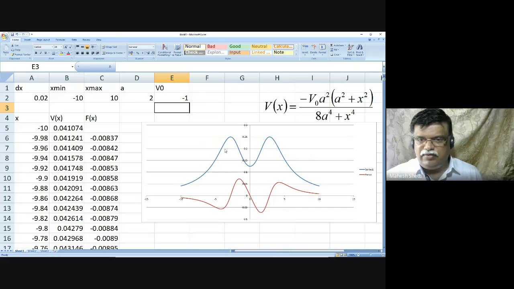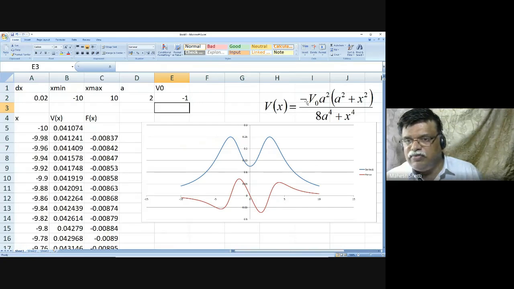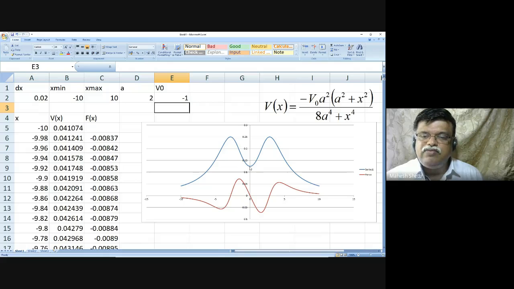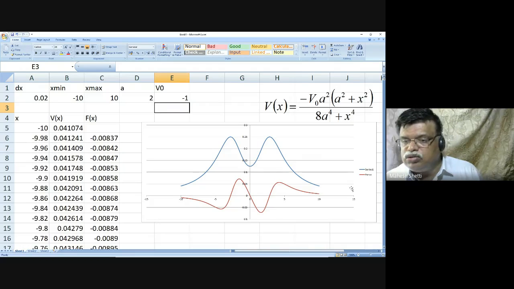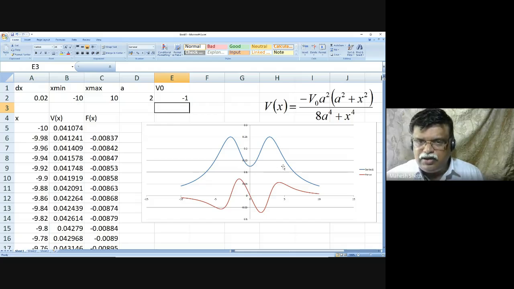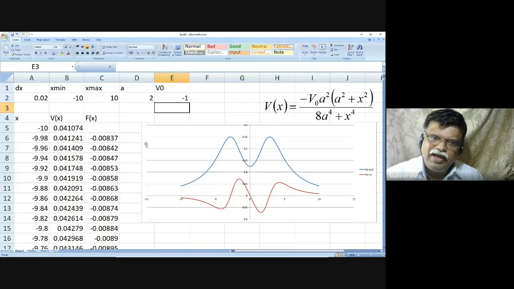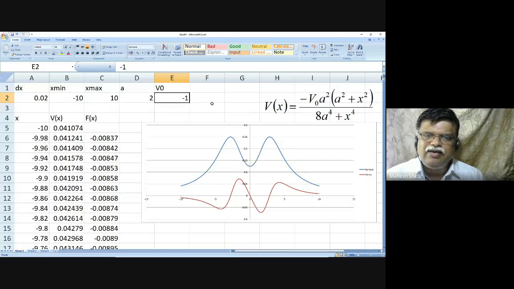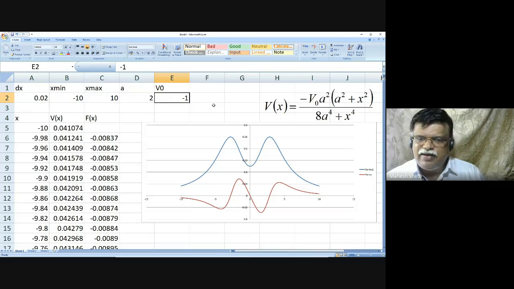So you have only one stable equilibrium point at the center. If you want to go to another stable point, you will have to cross over this potential hill. By changing one variable, the beauty of it is that you automatically start seeing things.